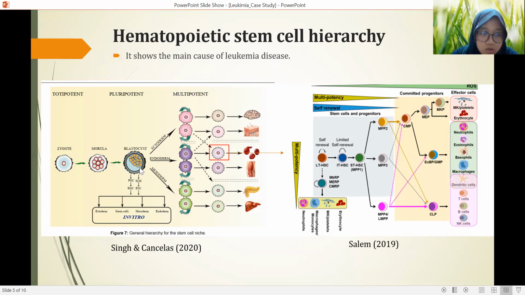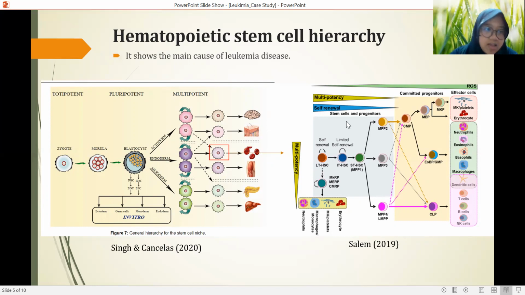The blastocyst will be divided into 3 parts: the first one is ectoderm, the second is endoderm, and the next is mesoderm. The hematopoietic stem cells are formed from the endoderm parts of the ESC.